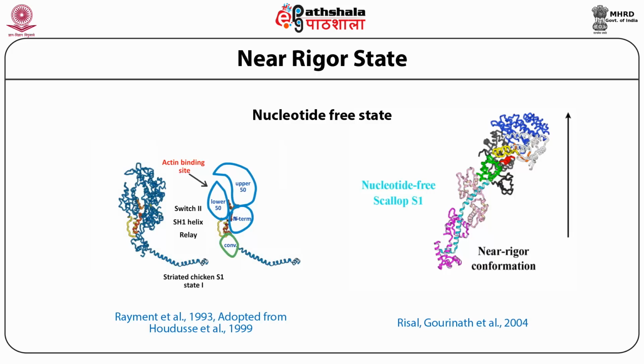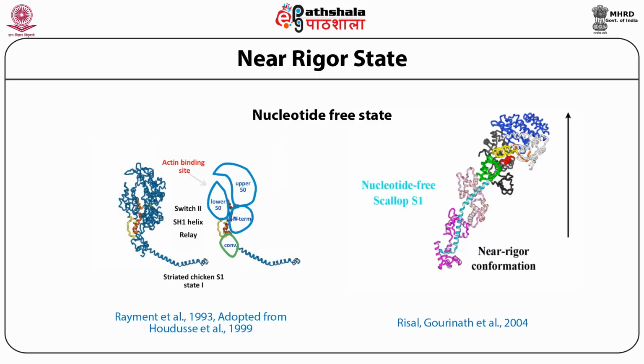You can clearly see that the myosin head can be divided into 4 subdomains: the upper 50 kilodalton domain, the lower 50 kilodalton domain, the N-terminal domain, and the converter. There is a long helix region bound to 2 light chains, called the regulatory domain.